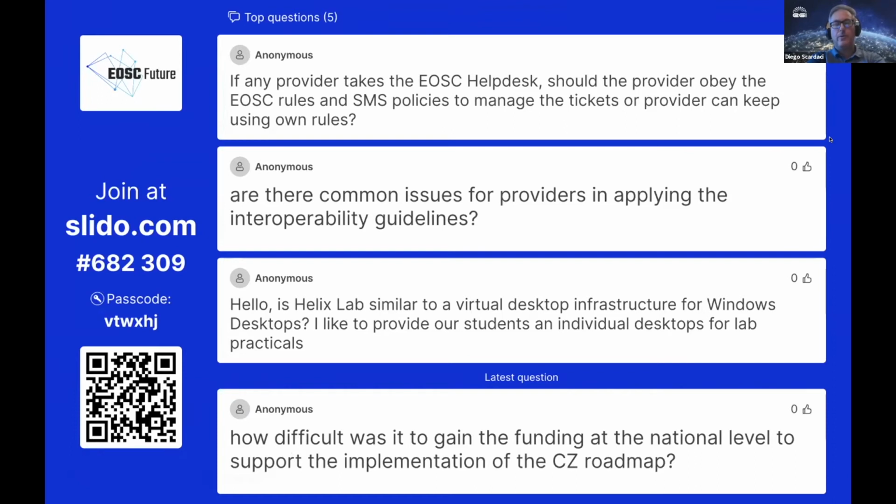As EOSC Future, we are funded to support providers that are integrated with the core services. So this is not work that you have to do alone, but also with expertise coming from the people that are operating the core services.